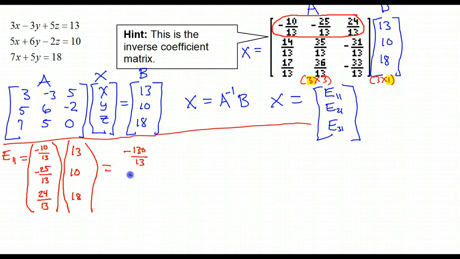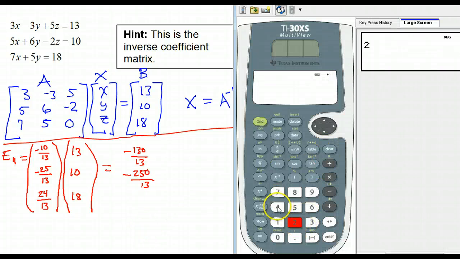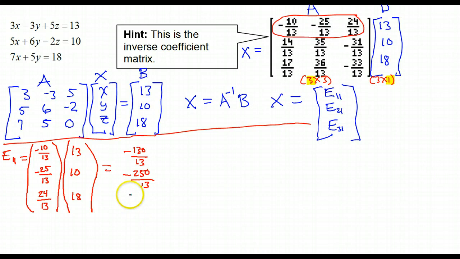So that's going to be negative 250 over 13. Then 24 times 18. Let's check that out. Okay, that's 432, so I've got 432 over 13.